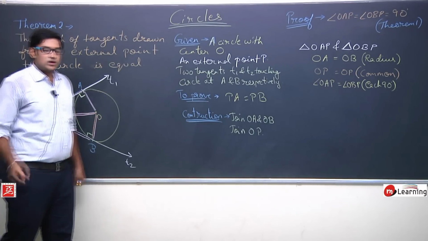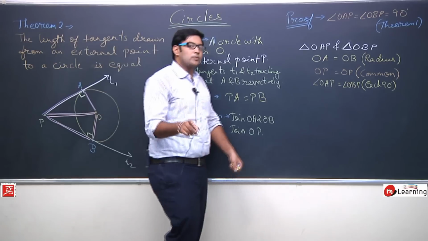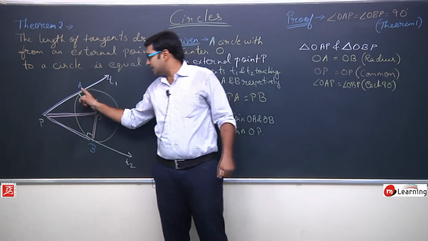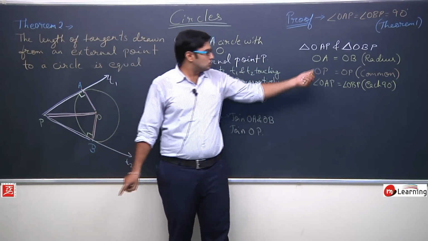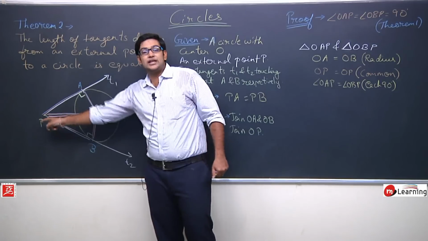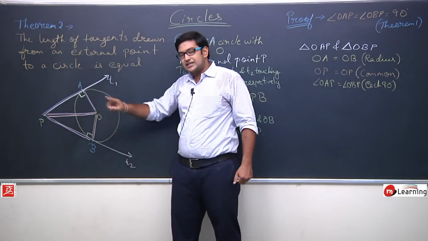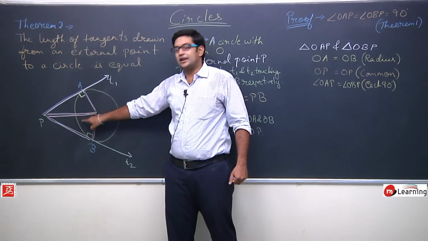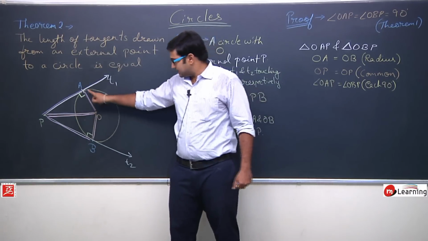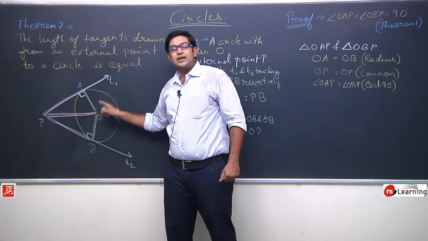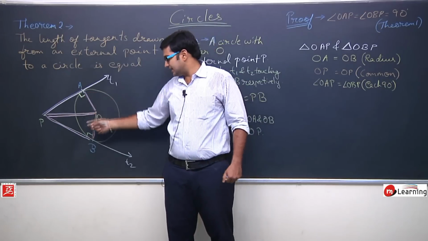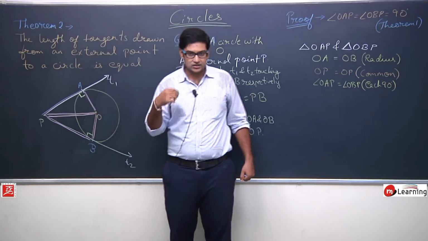Triangles OAP and OBP are right angled triangles, right angled at angle A and angle B. So this is what we have, where OP is what? OP is the hypotenuse of this triangle. It is just opposite to the 90 degree angle. In this case also it is just opposite to the 90 degree angle. This OA and OB are the heights. Okay, these are the perpendiculars. And this angle A and angle B are 90 degree angles.